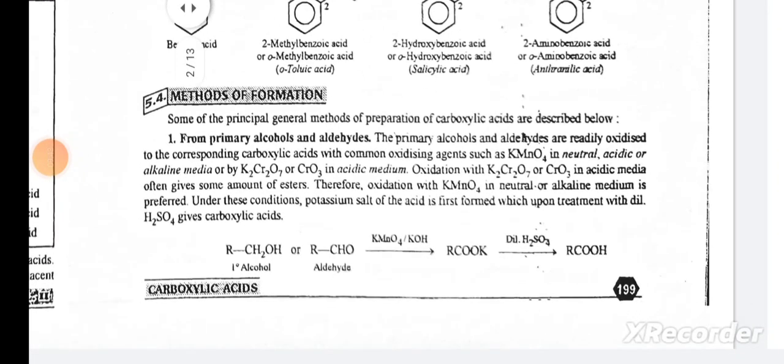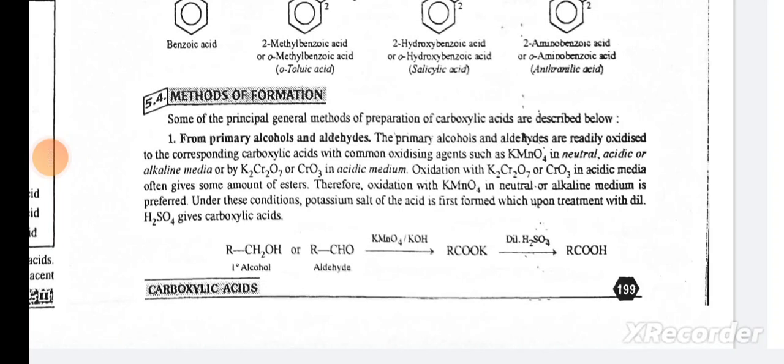Methods of formation. Some of the principal general methods of preparation of carboxylic acids are described below. From primary alcohols and aldehydes. The primary alcohols and aldehydes are readily oxidized to the corresponding carboxylic acids with common oxidizing agents such as KMnO4 in neutral, acidic or alkaline media, or by K2Cr2O7 or CrO3 in acidic medium.